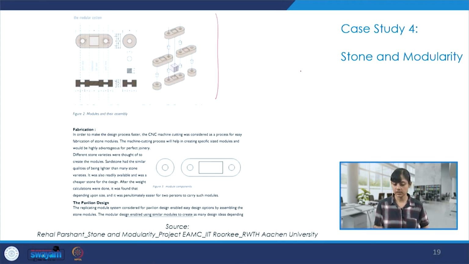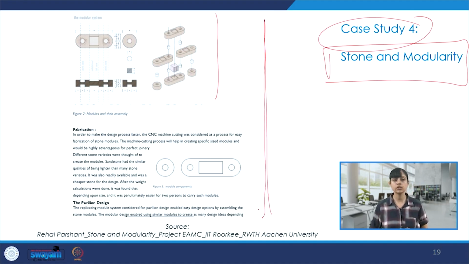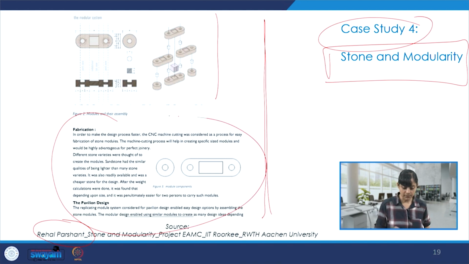This was another interesting case study where stone was extensively explored and utilized, keeping in mind the idea of modularity. This is from the Indo-German project done by IIT Roorkee and Aachen University in Germany. And this one particular essay was developed by Prashant, who is a PhD scholar with us, and we also developed the human scale prototype out of it, which was properly fabricated.